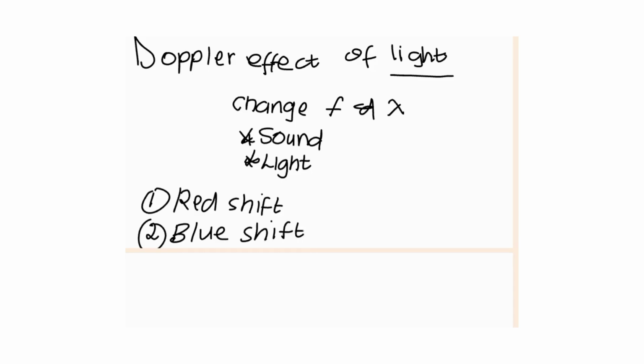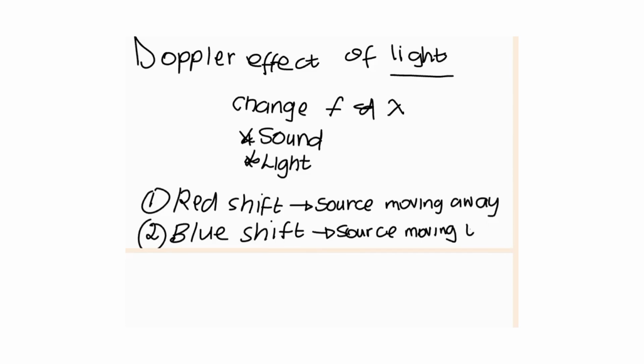So from redshift and blue shift, I'm going to say redshift means that the source is moving away from the observer. Source moving away. And blue shift means the source is moving towards the observer, or that observer or the listener. And then I'm going to explain what do I mean when I say red shift or blue shift.